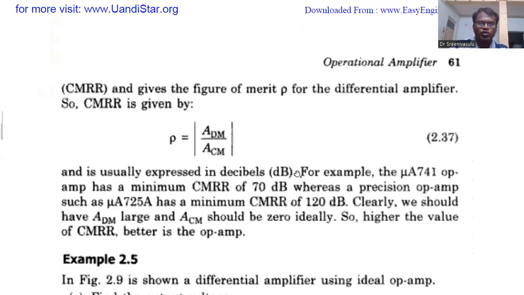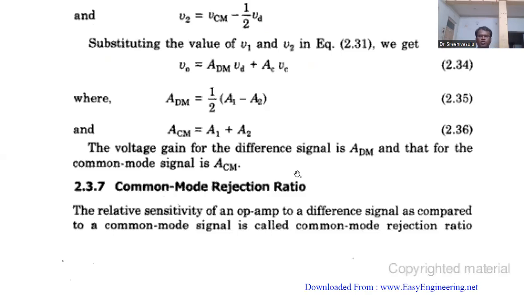Now, if you define the common mode rejection ratio: the relative sensitivity of an op-amp to a difference signal as compared to a common mode signal is called the common mode rejection ratio. The name itself is a technical definition.